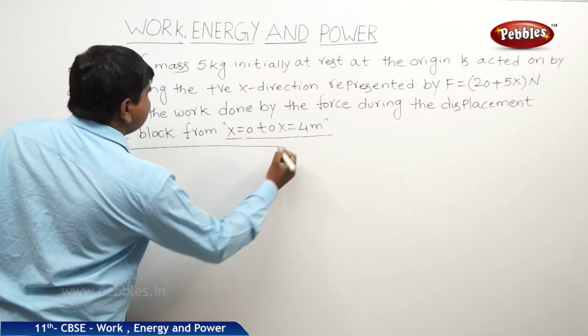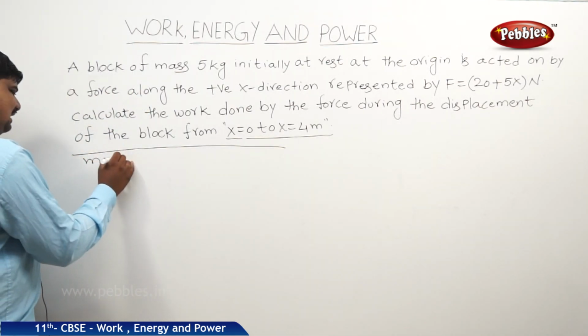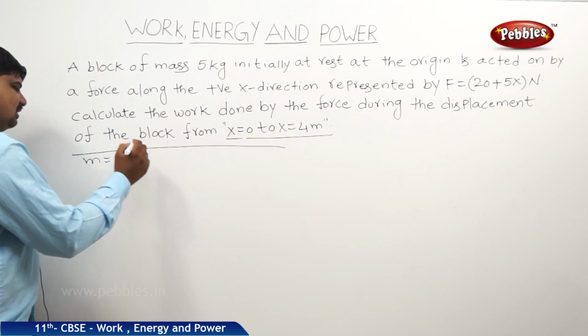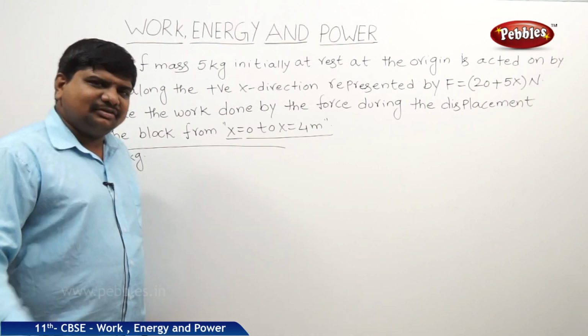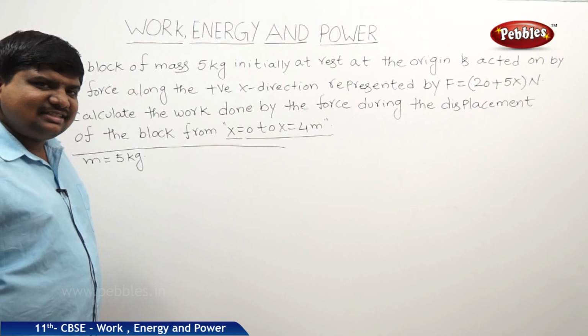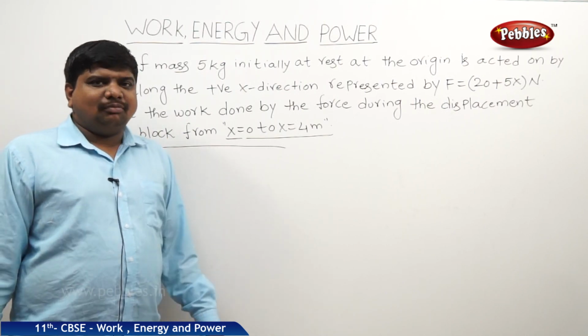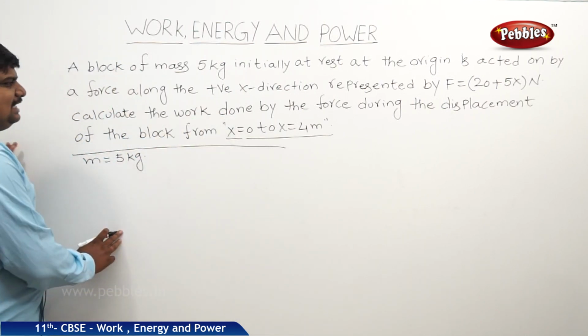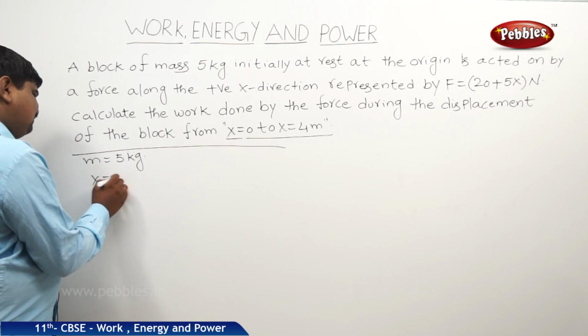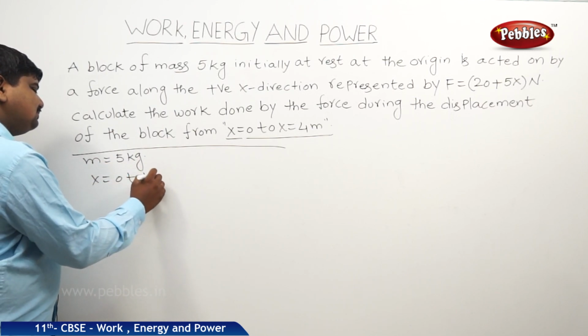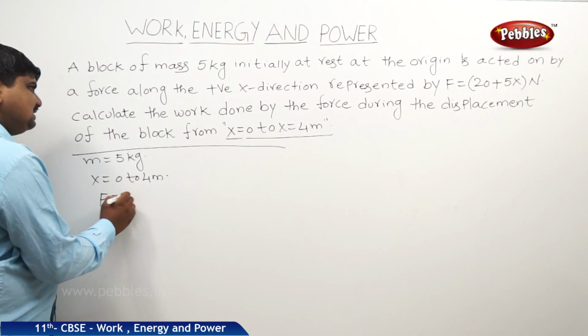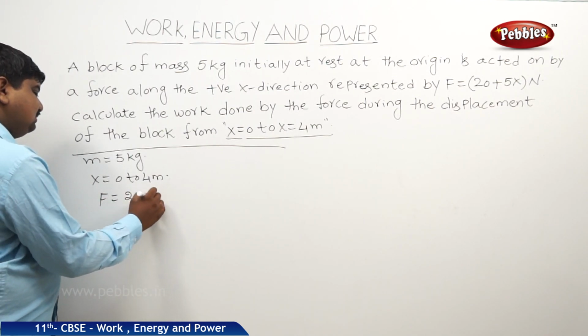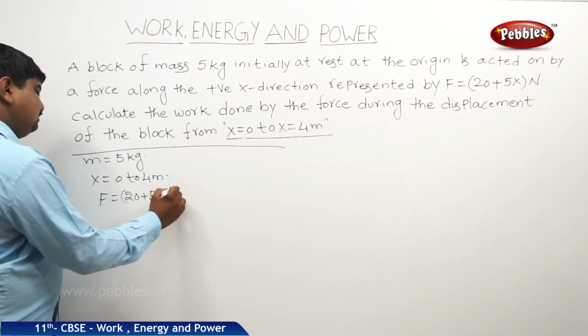So we can say that in these types of problems, to find the work, mass is not needed because it is a differentiation or integration method. So mass is 5 kg and the displacement is from 0 to 4 meters, where force is 20 plus 5x newtons.